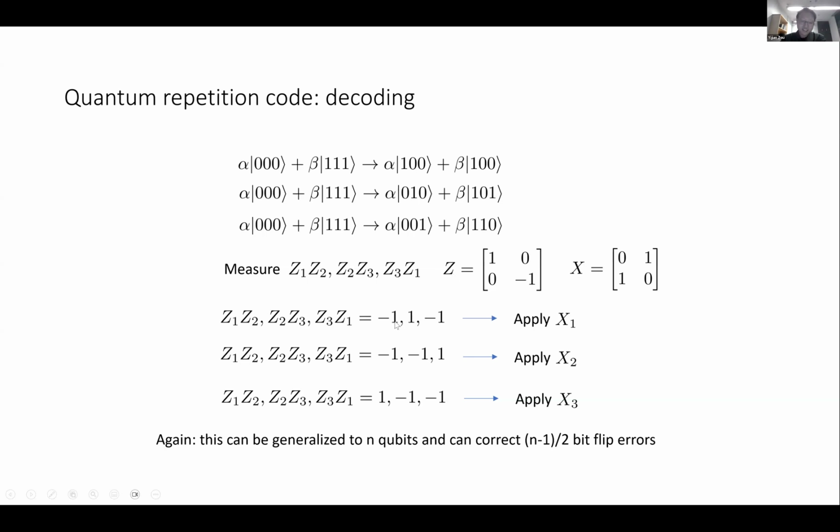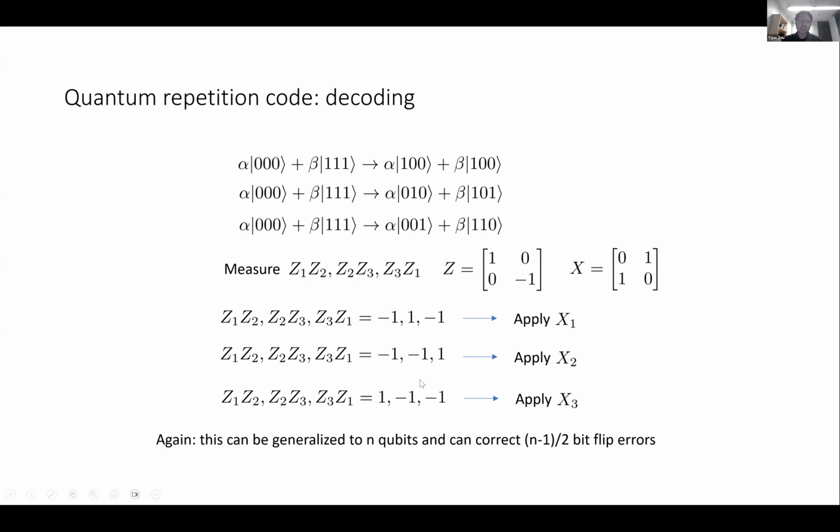By measuring these three operators, you can get three possible outcomes: either -1, 1, -1, or -1, -1, 1, or 1, -1, -1. And in these three cases, you know which spin gets flipped, right?